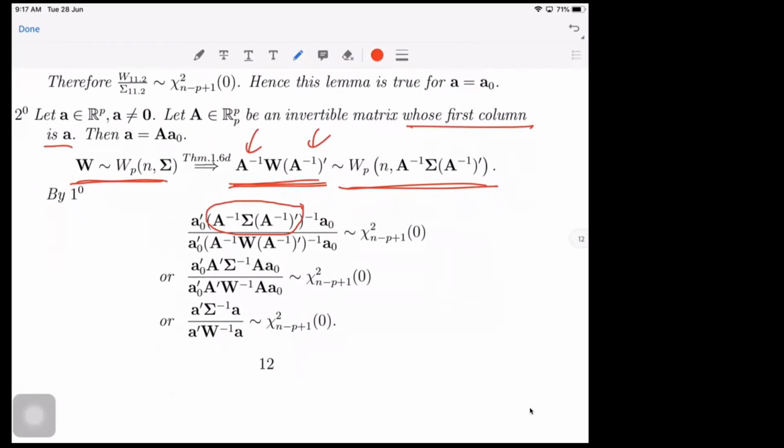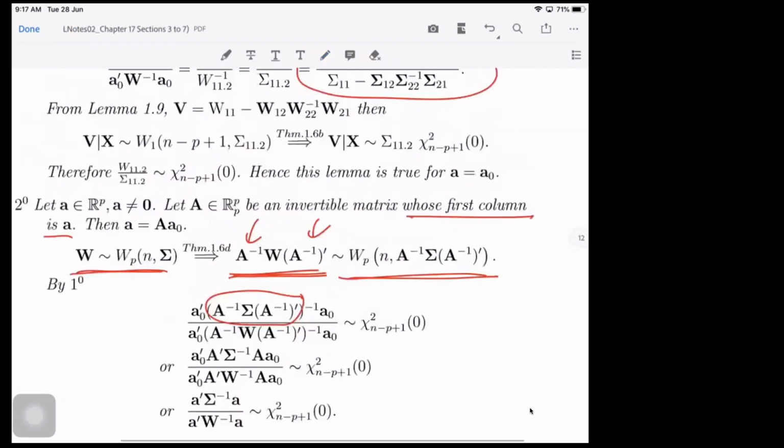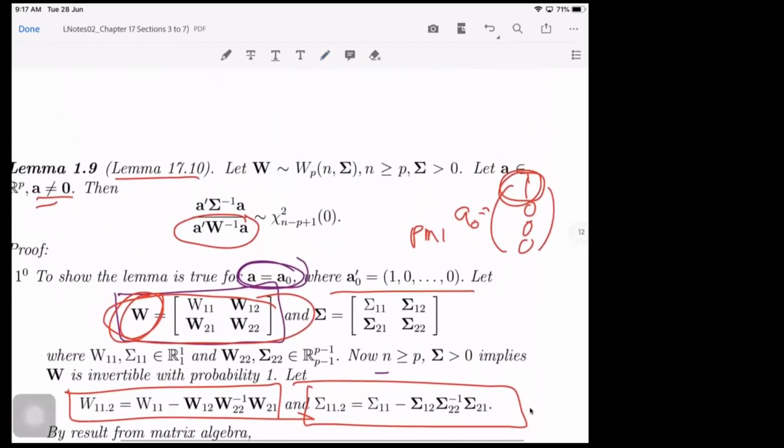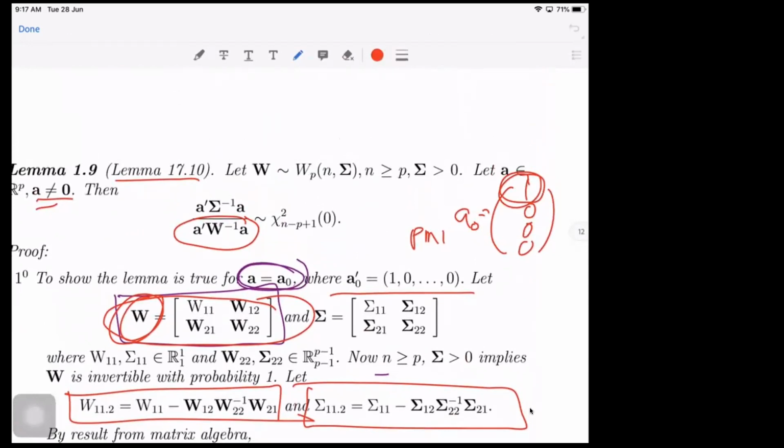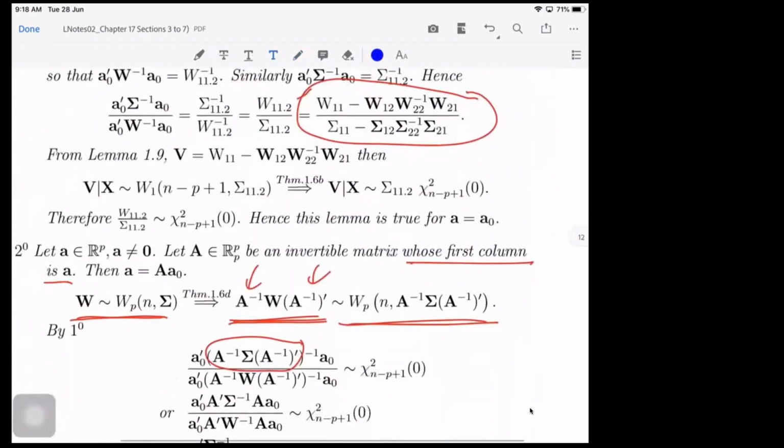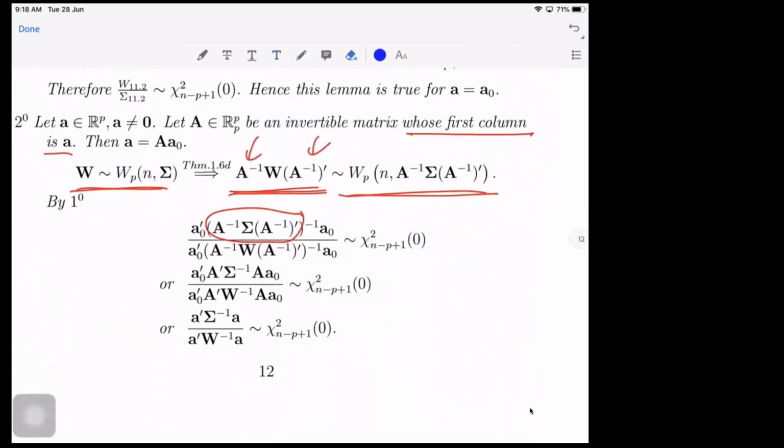This form. Sa ganitong assumption ani, dapat ang W sa ilalom is Wishart. W inverse. So kini na transformation now. Wishart man eh. So this is still chi-square distributed.